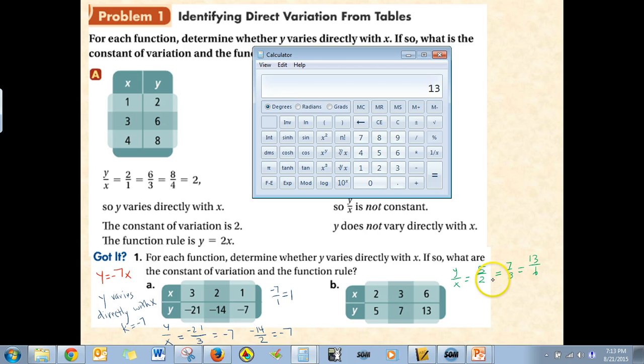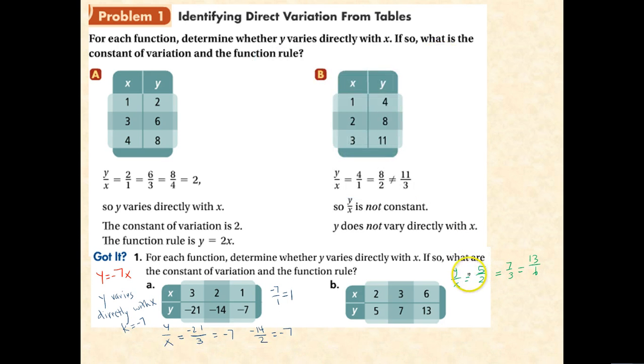And 13 divided by 6 is 2.16 repeating. So none of these are equal to each other. So y does not vary directly with x.